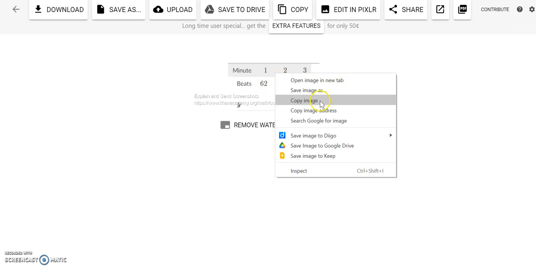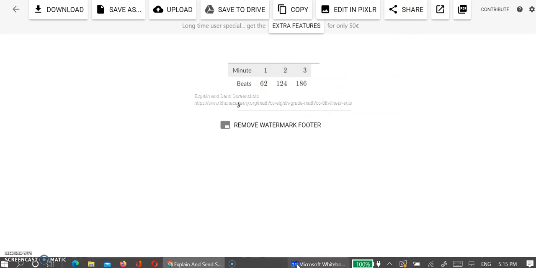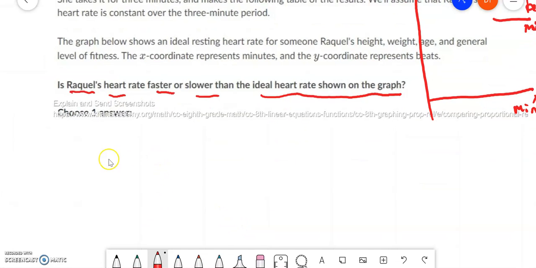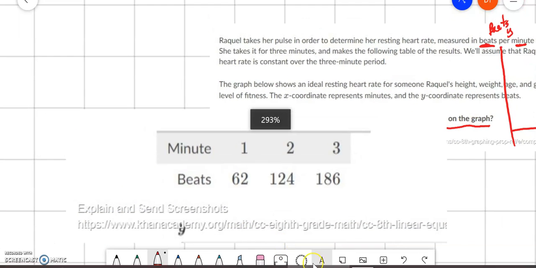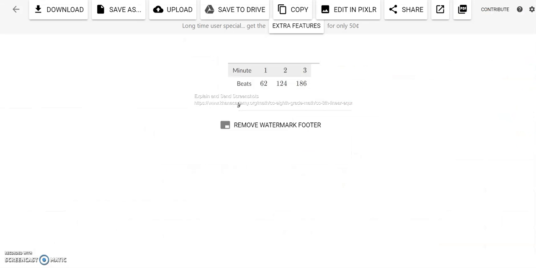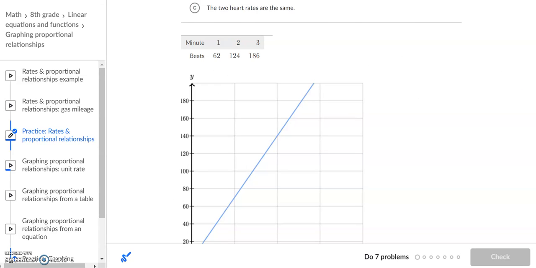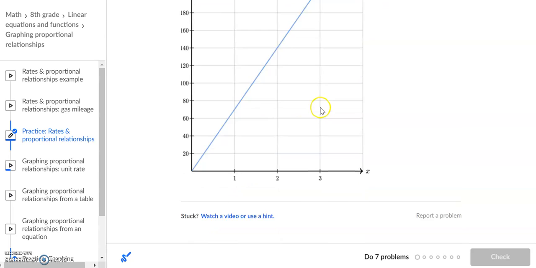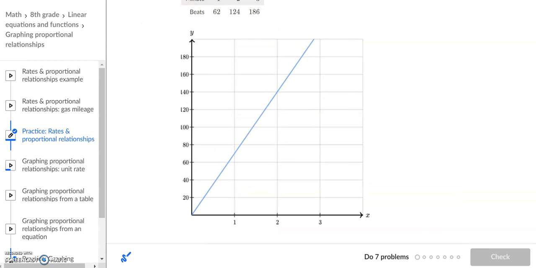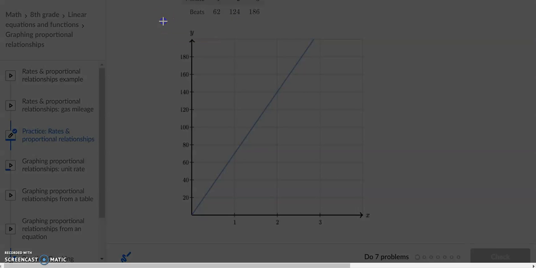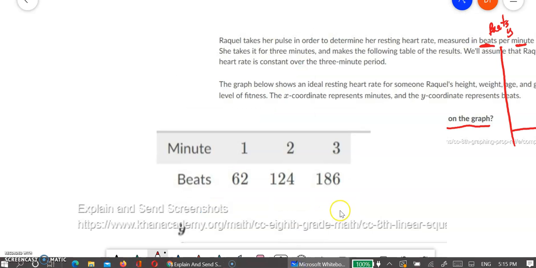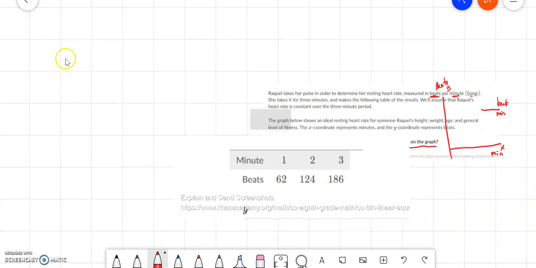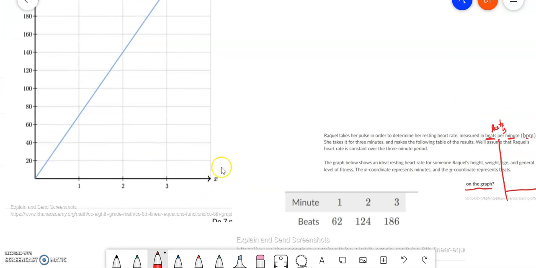So my table, and paste that in here somewhere. Let's put it right over here. And then let me go ahead and get the graph. I'll get that graph over here, copy that image and put that in here. We're going to analyze these two things together.